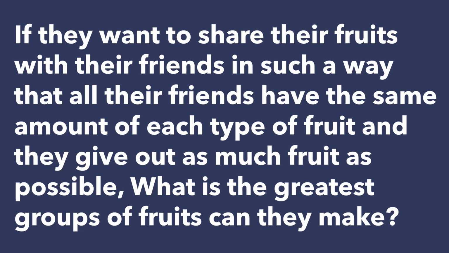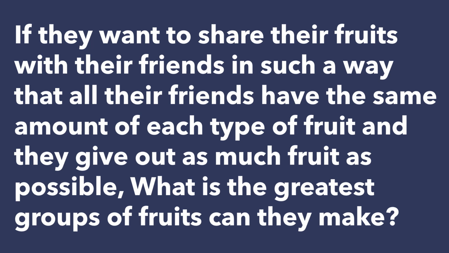If they want to share their fruits with their friends in such a way that all their friends have the same amount of each type of fruits, and they give out as much fruit as possible. So the question is, what is the greatest group of fruits can they make?